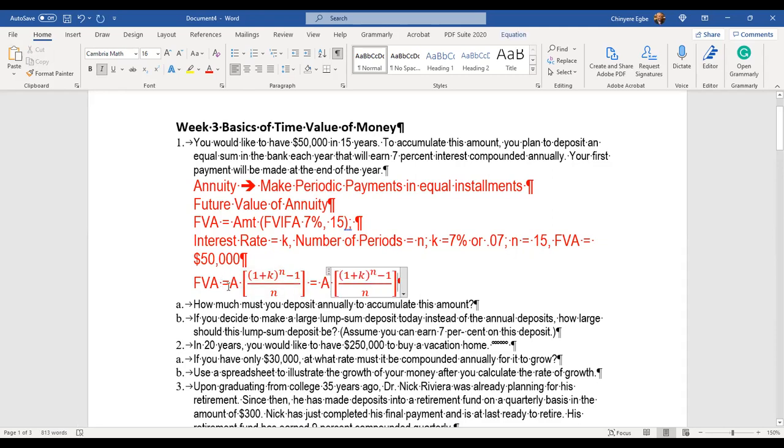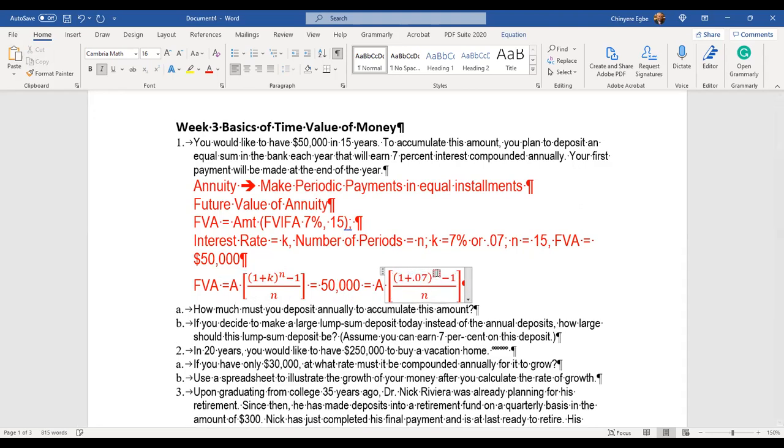So $50,000 we know. What we don't know is A. So this will be 0.07. And we know the number of periods.